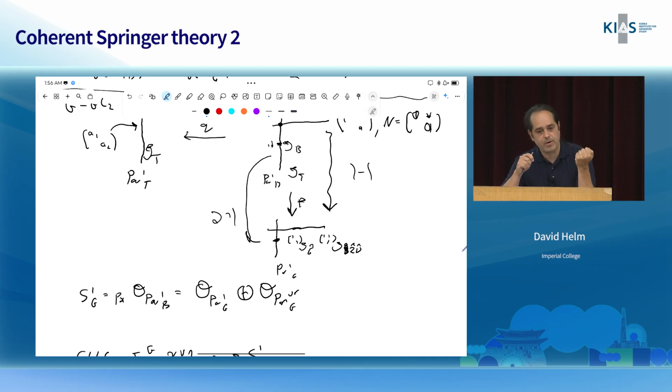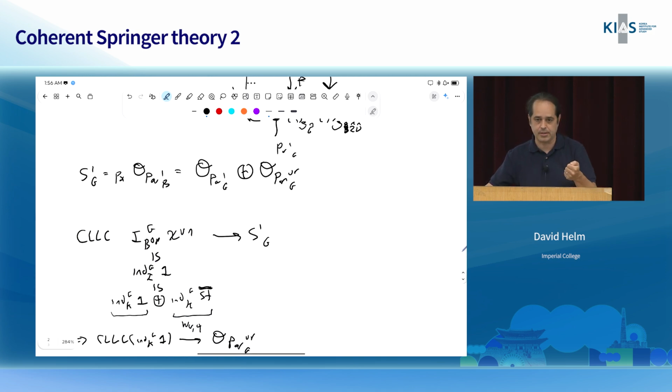Incidentally, if you weren't already convinced, this should convince you that we really need to be talking about ind-coherent sheaves rather than quasi-coherent sheaves. The reason is, if you want to think of this as a piece of a larger equivalence of categories, then it should be carrying compact objects to compact objects.